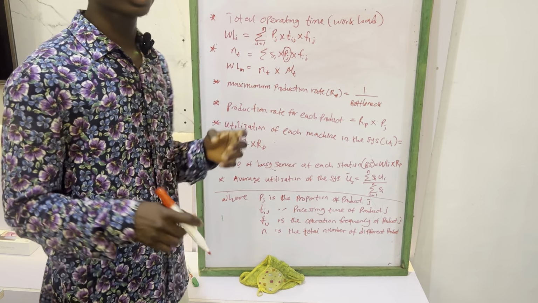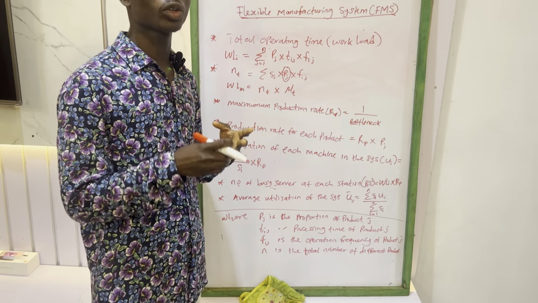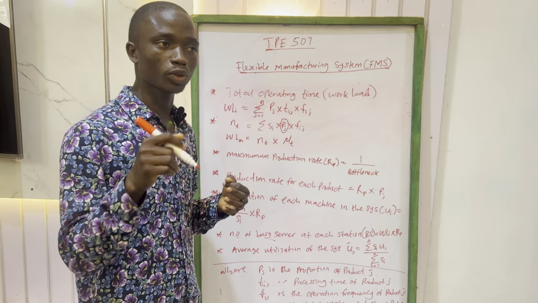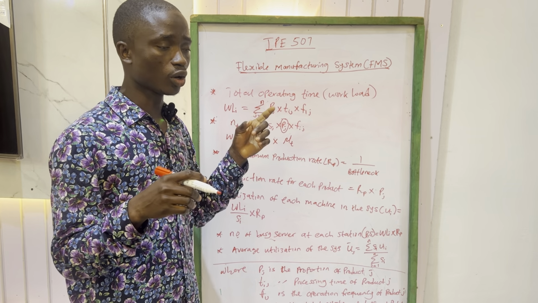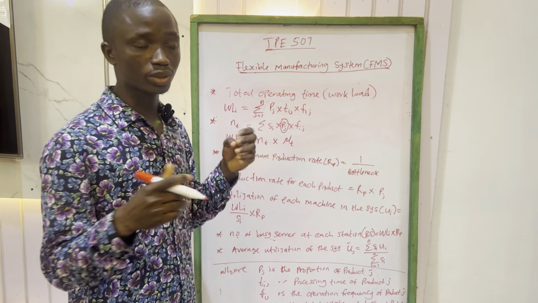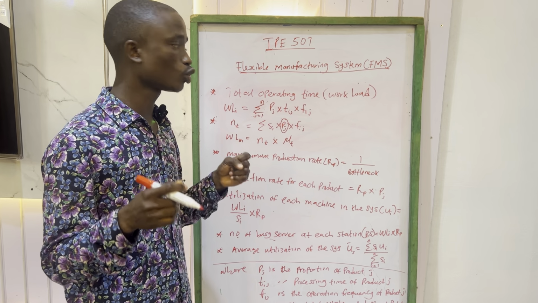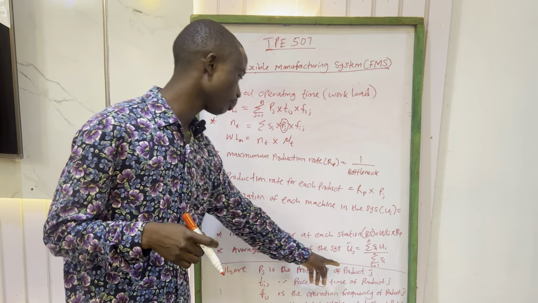What this means is that, let's say we are manufacturing 3 products, product A, product B, product C. Each of these products has a particular proportion, which is a ratio between 0 and 1, or it might be in percentage. Let's say product A has 0.2 part mix.